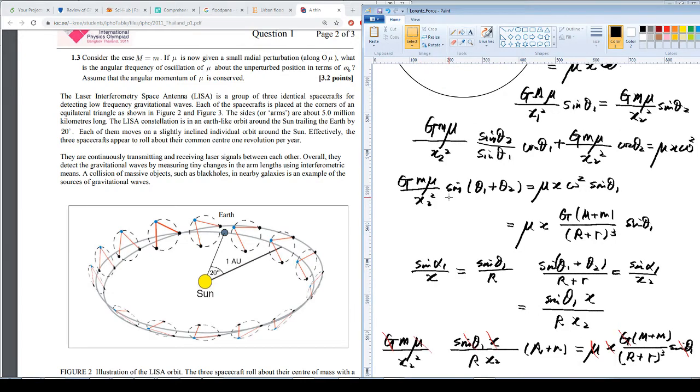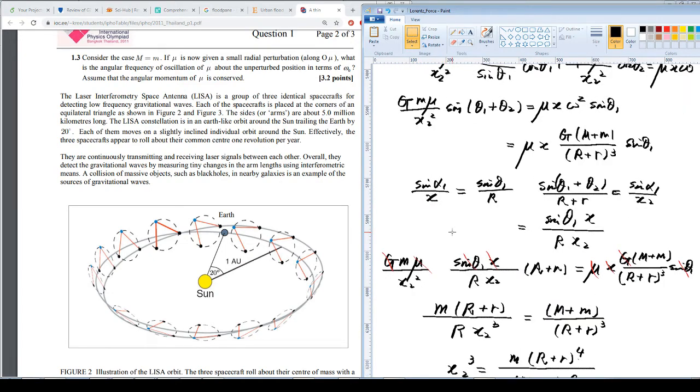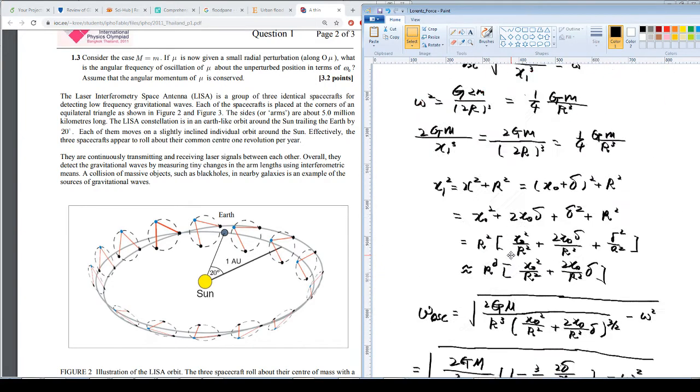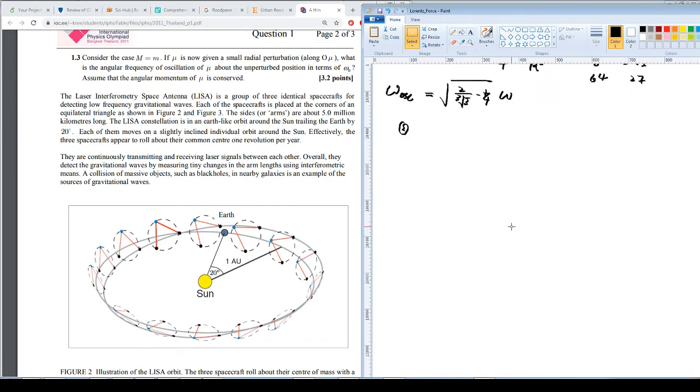Maybe a bit more simplified. Maybe this one. I think this is better.